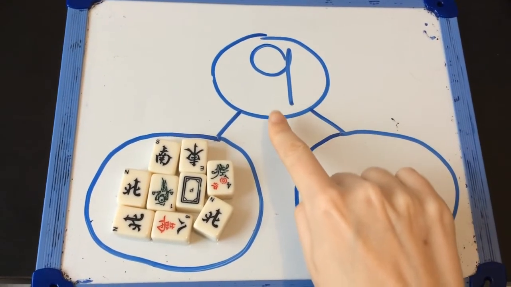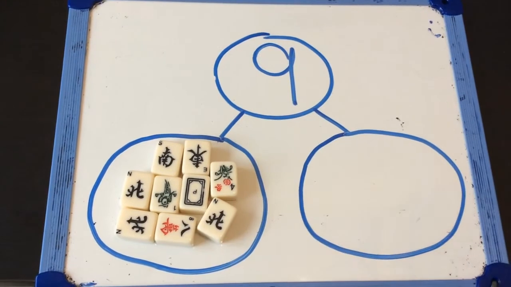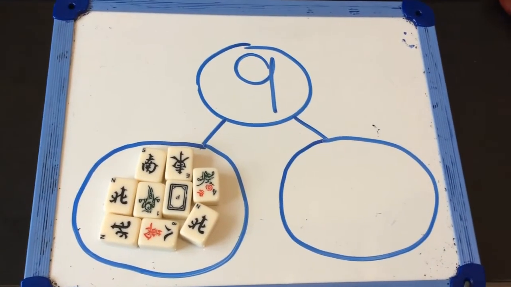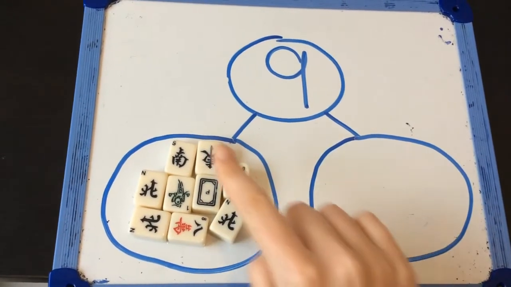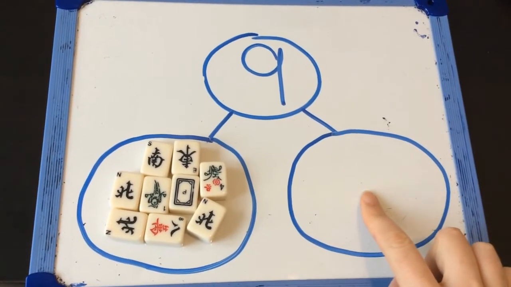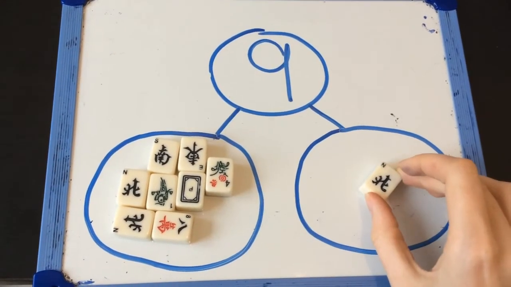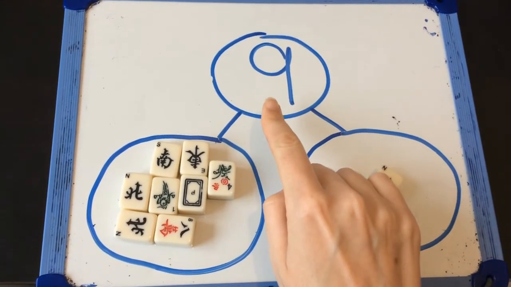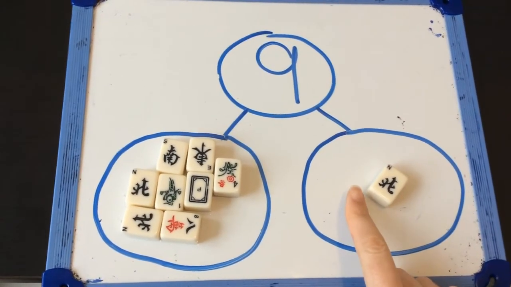So here's my whole, it's the number 9, and I'm going to use mahjong tiles to help me represent the parts of this whole. So over here I've got 9 mahjong tiles, and on this side I've got none. And if I move 1 over here, then I can see that my whole is 9 and my two parts are 8 and 1.